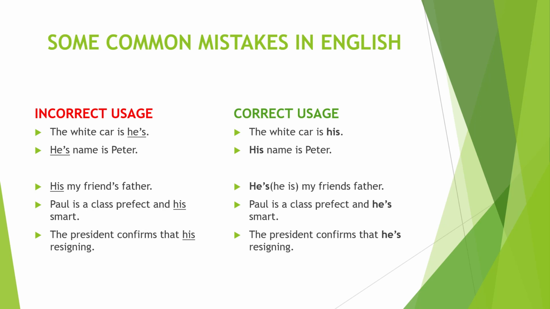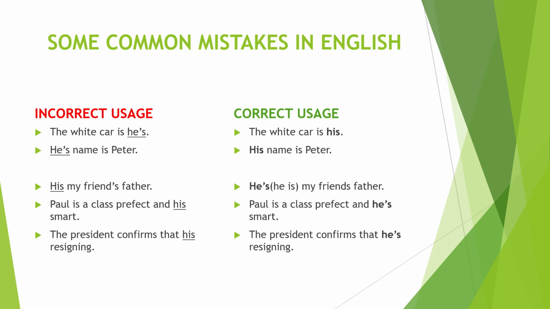The third sentence, we are now going to look at the correct usage of he's. That's H-E apostrophe S, which I said earlier. It means he is, but it is informal, just as we saw about it's. He's my friend's father.